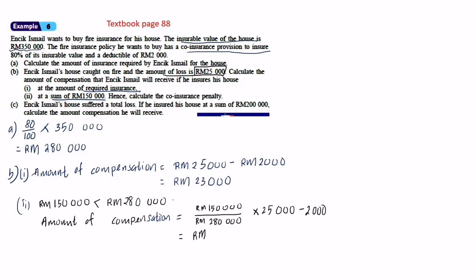RM 13,392 ringgit 86 cent minus 2,000 equals 11,392 ringgit 86 cent.